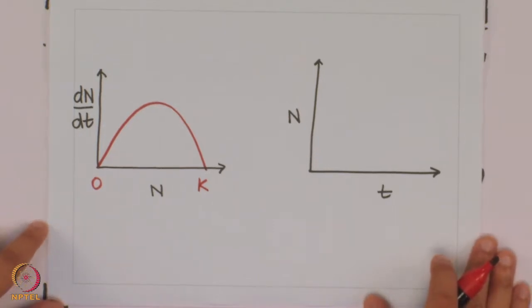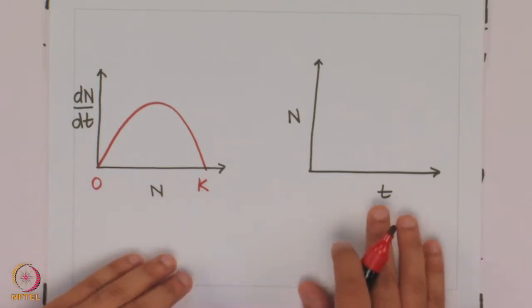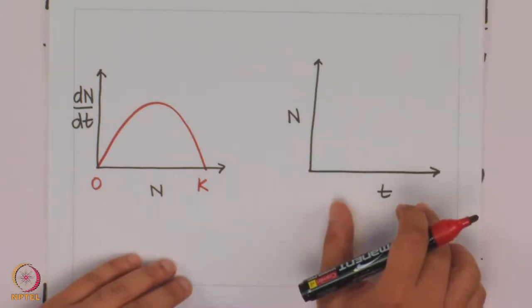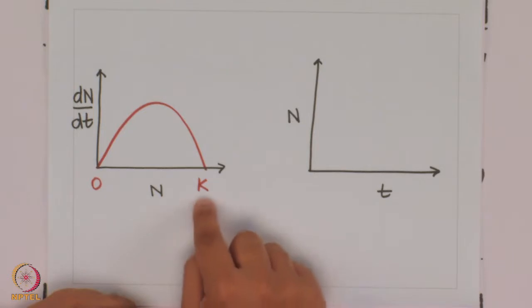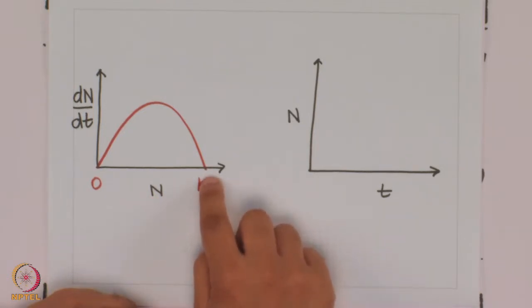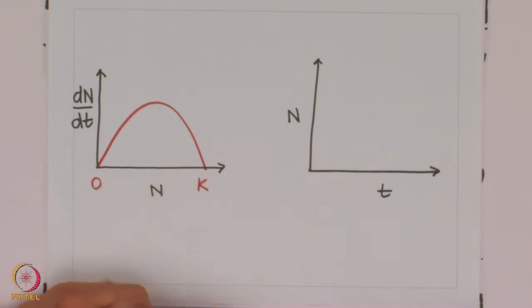So that's where we are, and using information from this graph, we want to qualitatively comment on the nature of this graph. We know that the bacterial population will not exceed k, because as it approaches k, the growth rate halts down and dn by dt is 0, and this is a stable steady state associated with the system.